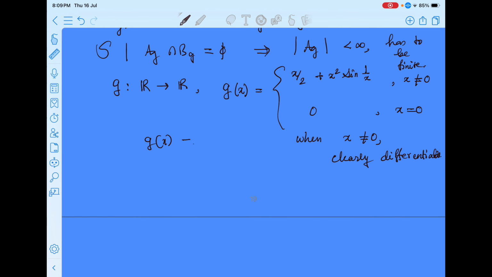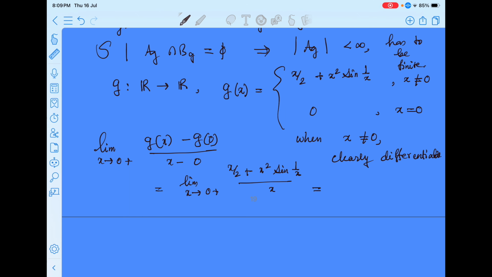Then let us check differentiability at 0. The limit as x tends to 0 plus of g of x minus g of 0 over x minus 0 is x by 2 plus x square sine 1 by x, divided by x.